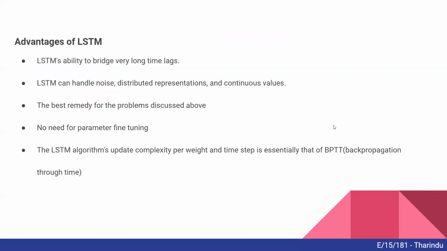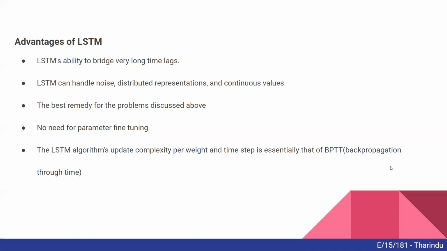Advantages of LSTM: the constant error backpropagation within memory cells results in LSTM's ability to bridge very long time lags. And also, for long time lag problems such as those discussed in this paper, LSTM can handle noise, distributed representations, and continuous values. Actually, LSTM is the best method for the problems previously discussed.